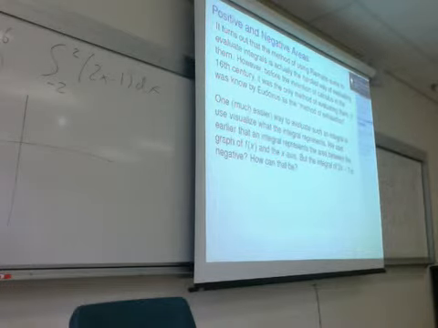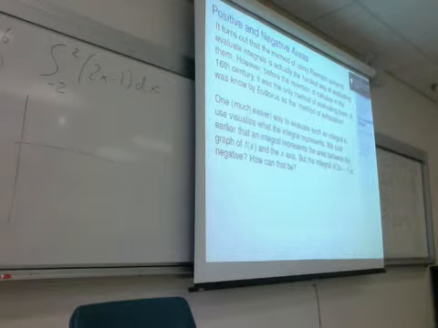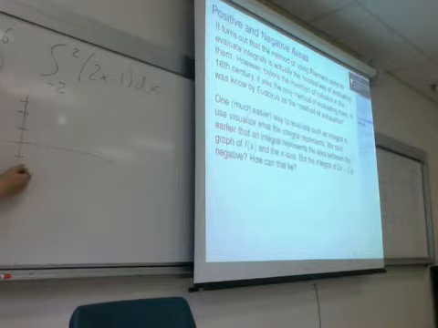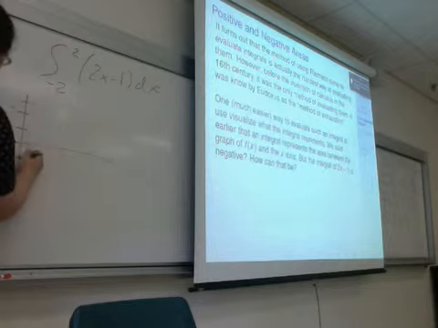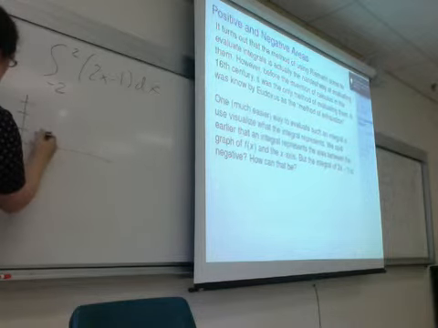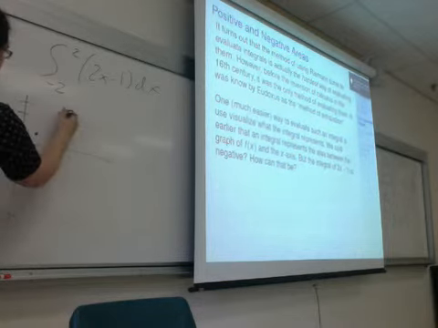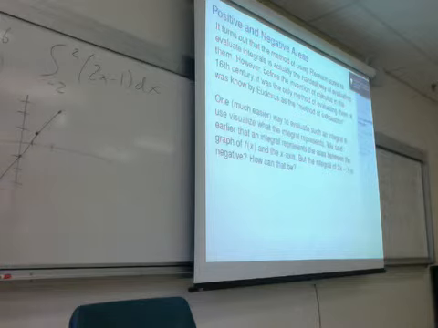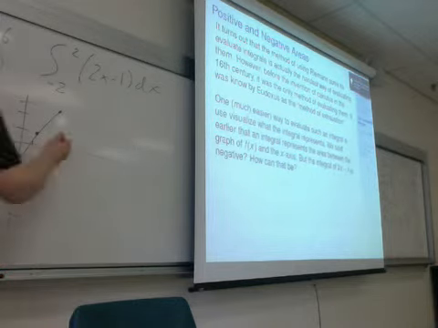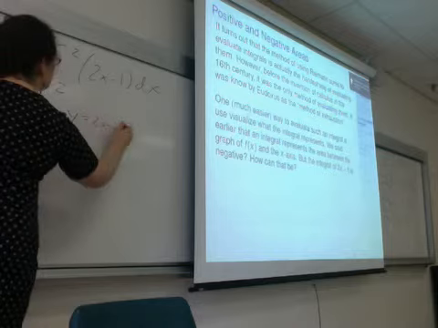With this particular one, if we actually sketch the graph of this guy, it looks like that. This is what the graph of y equals 2x minus 1 looks like.